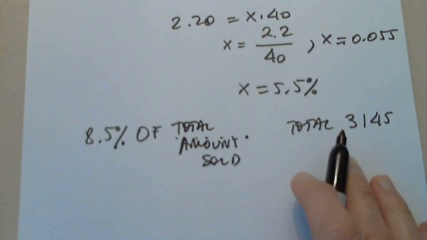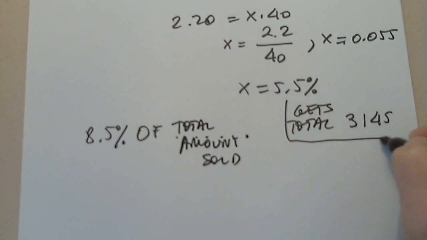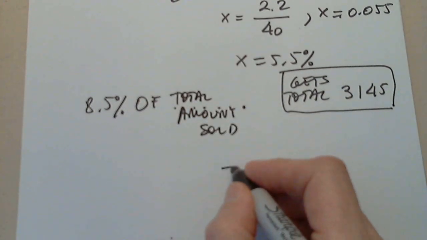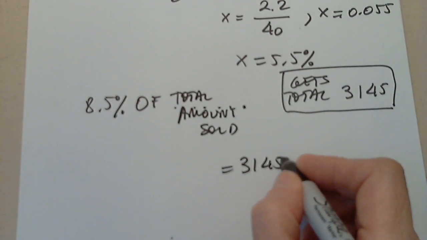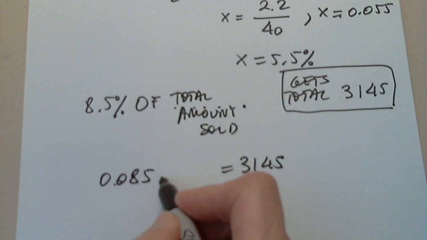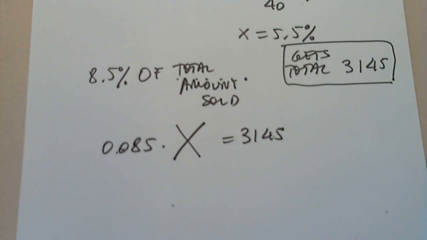This is a different total. This is what he gets. But we know that this is 3,145. This amount is obtained by 0.085 of the total amount sold in ski passes.